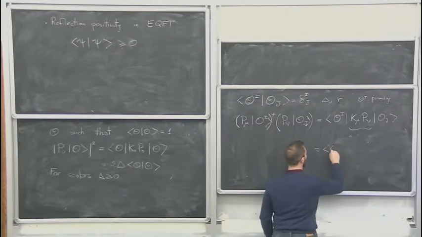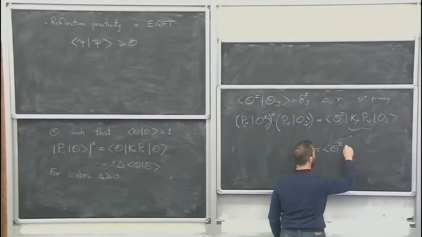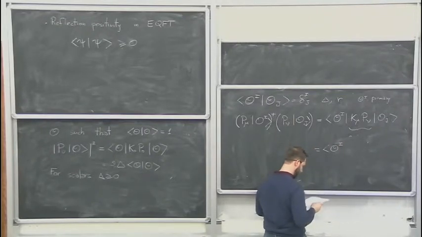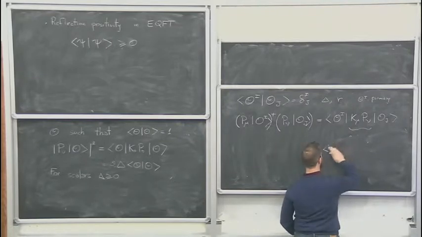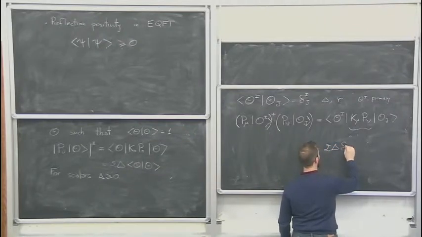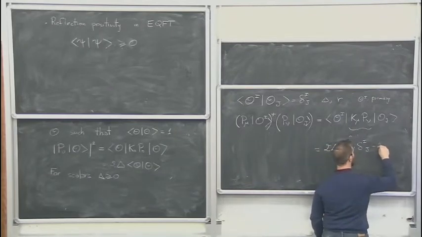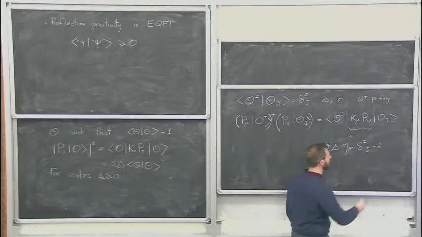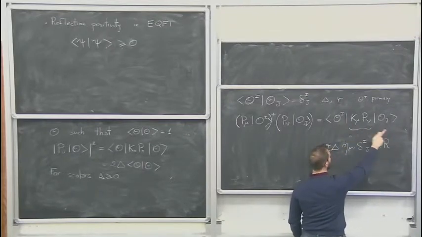This will be OI, 2 delta eta mu nu delta I j minus 2 times the generator in the irreducible representation, contracted with indices ij.